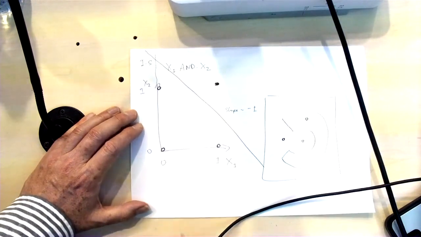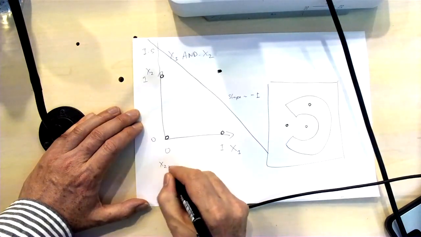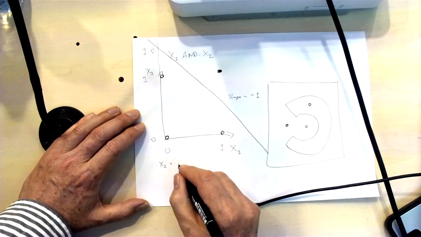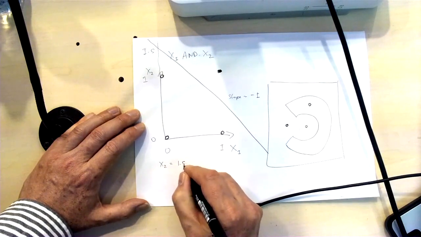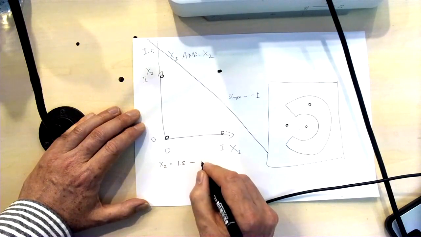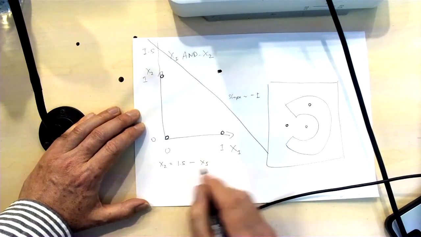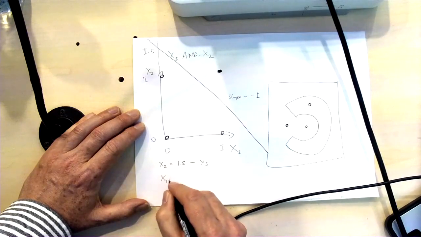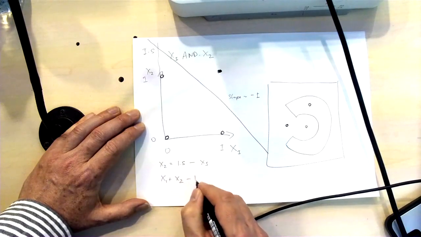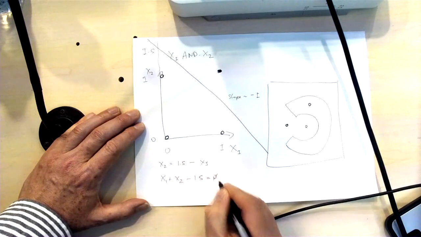So the equation of this line is x2 is equal to 1.5 minus x1, or x1 plus x2 minus 1.5 equals 0.